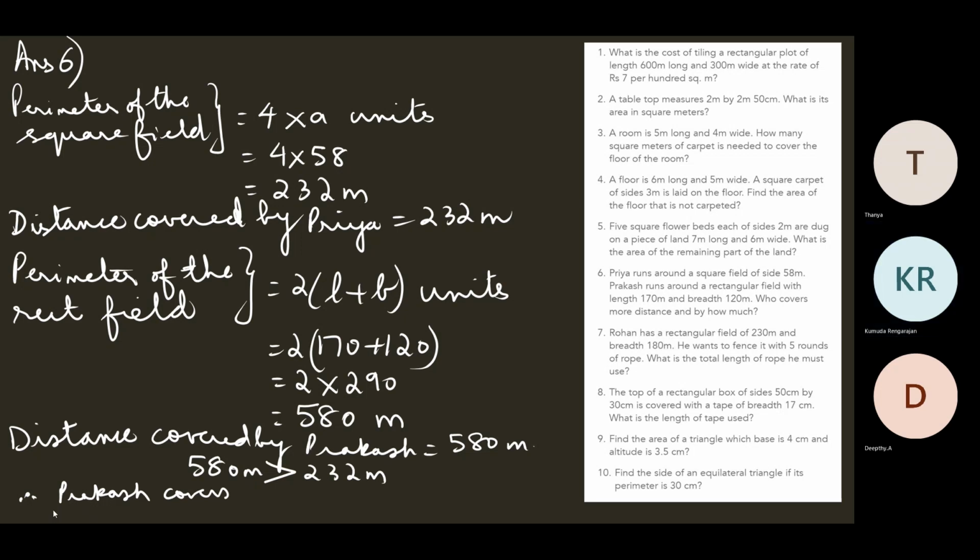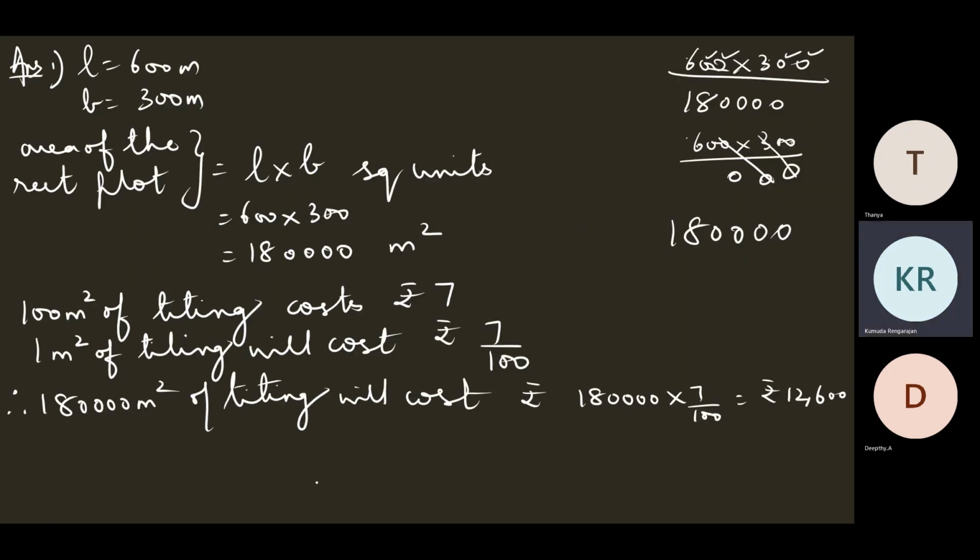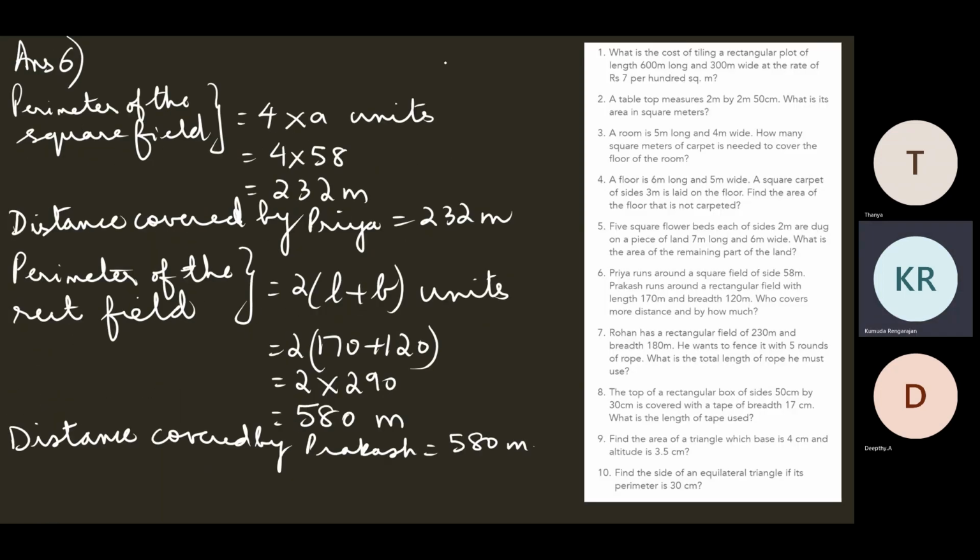One minute, let me take the next slide. Children, I'll just squeeze it here. Okay, so 580 meters is greater than 232 meters. What is 580 minus 232?